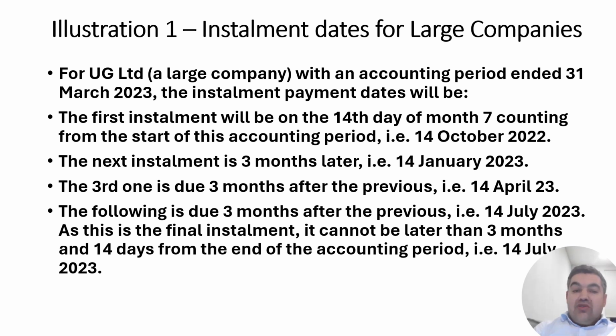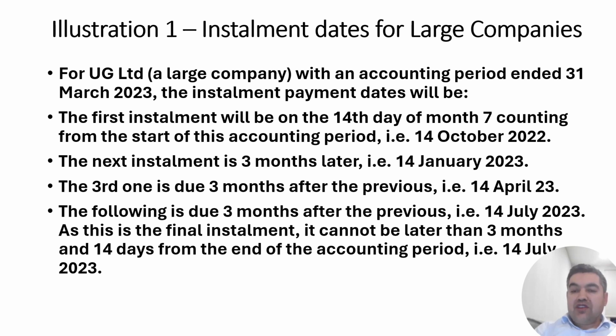In this example, a UG Limited has an accounting period ended 31st of March 2023. The first installment will be on the 14th day of month 7, counting from the start of this accounting period. Remember, if the accounting period ends on 31st of March 2023, that period began on the 1st of April 2022.